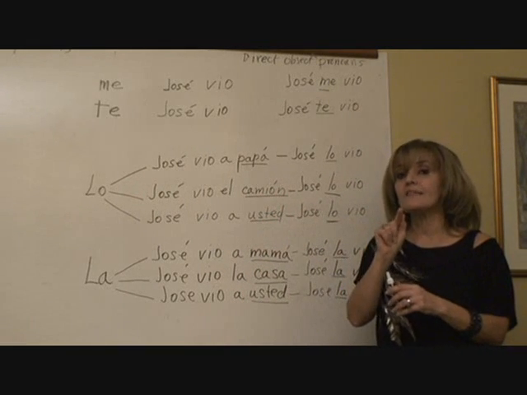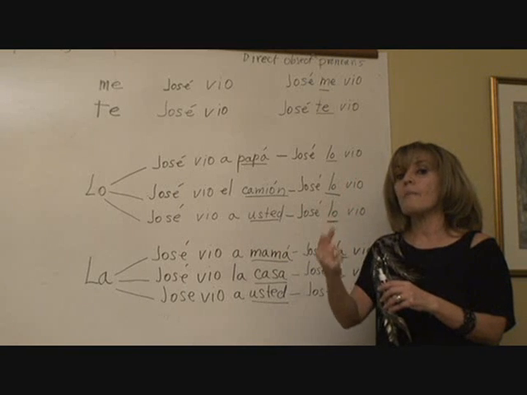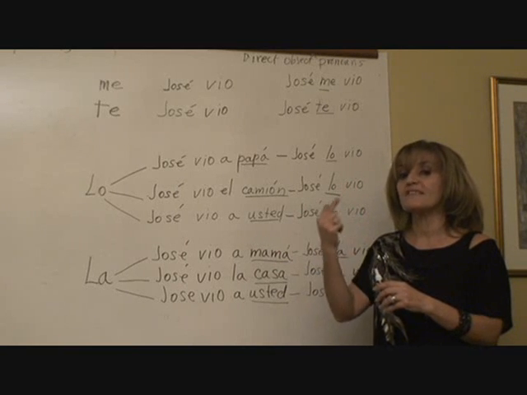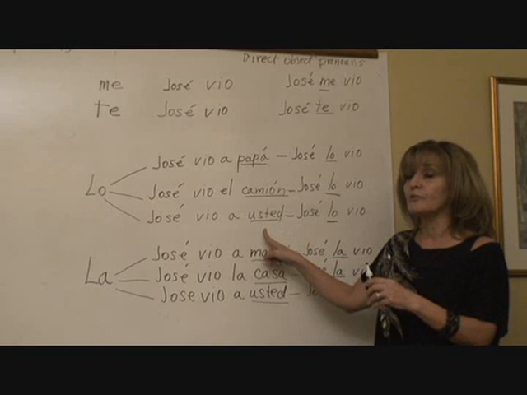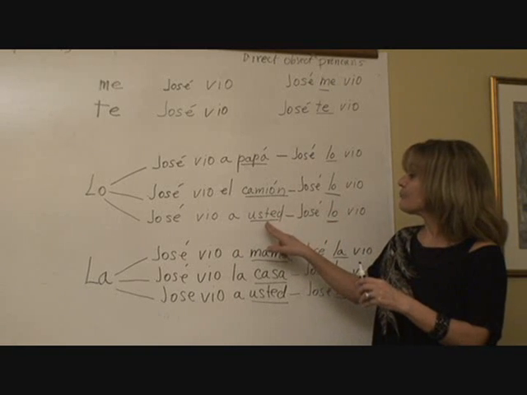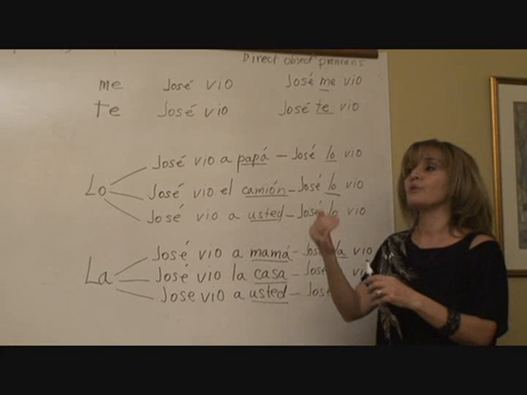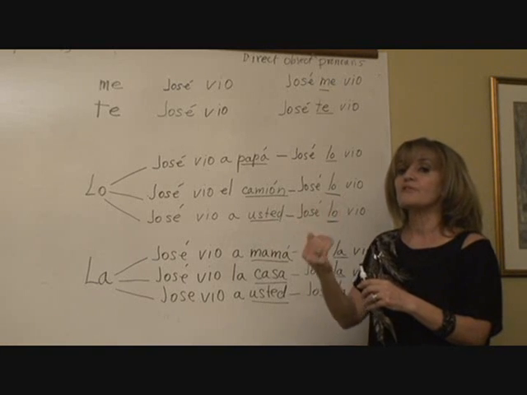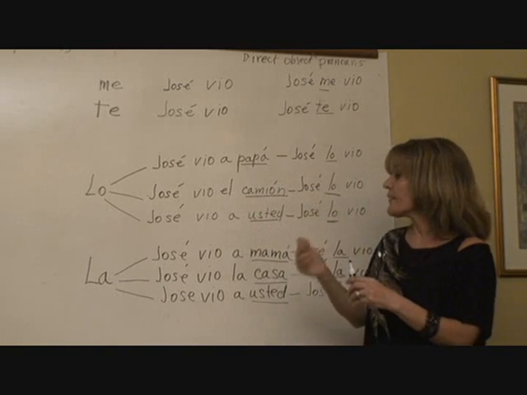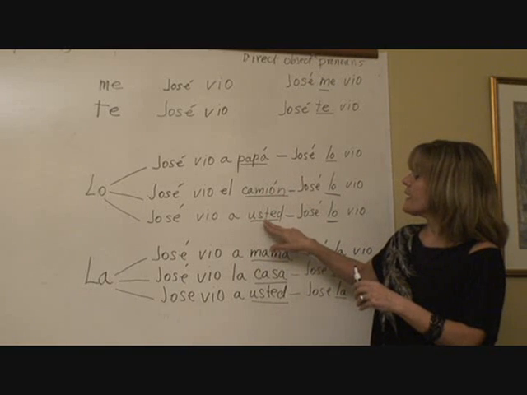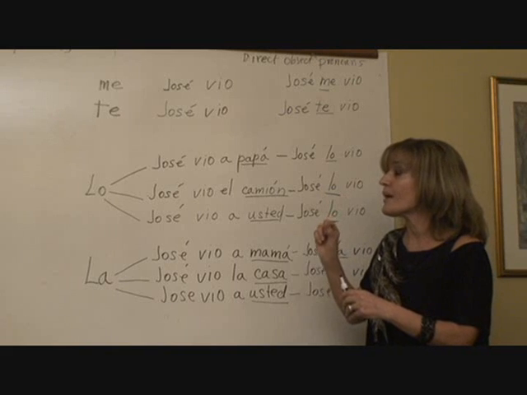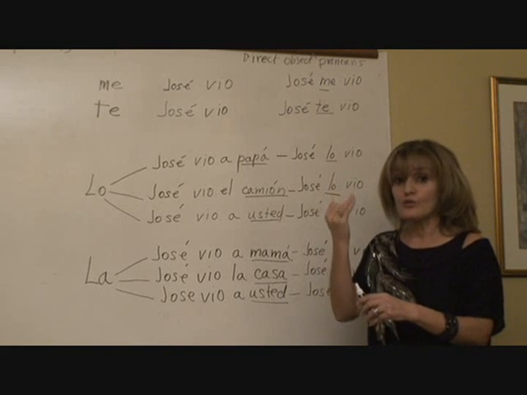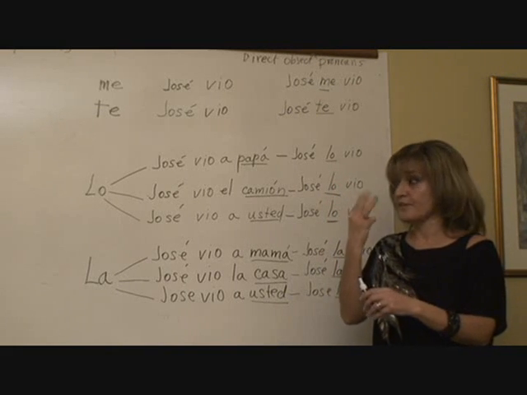And it makes sense because if you remember, when you conjugate verbs in Spanish, usted is the pronoun that we use when we are addressing a person in authority over us. The usted pronoun takes the same ending of the verb as he or she, the third person.